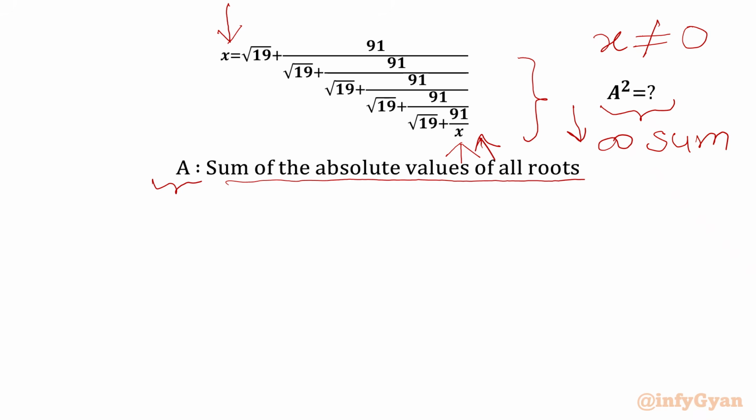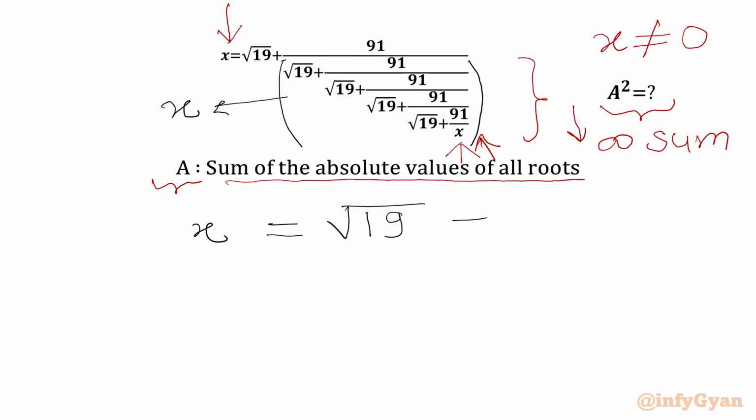So what we will do, we will consider the denominator equal to x once again. So in this place, we can write this is x. So I will rewrite our equation: x equal to square root of 19 plus 91 over x.